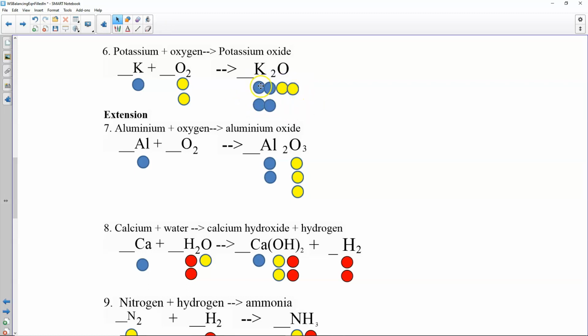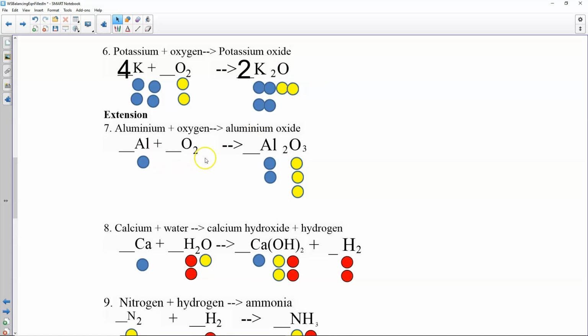But if we double the amount of potassium oxide, we've now got 4 potassiums here and 2 oxygens. The oxygen's balanced, but potassium still needs to be balanced, so we will need to put a 4 in front of potassium, like so, to make sure we've got the same amount of potassium present, so we'll have 4 potassiums plus O2, 1 O2 forms 2 K2O.